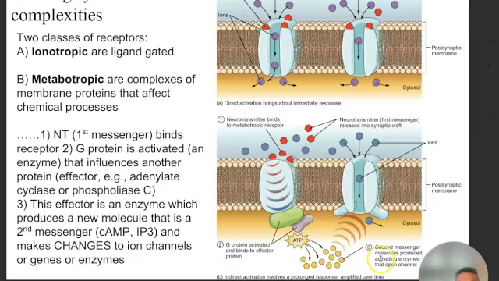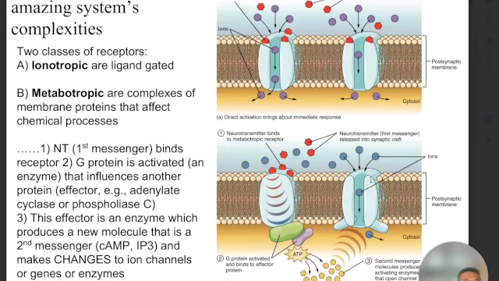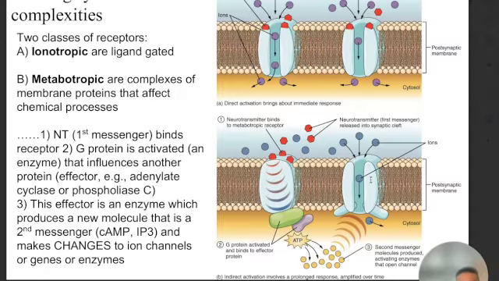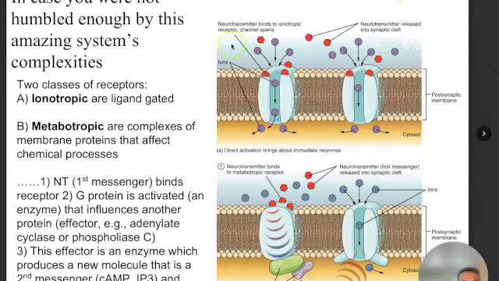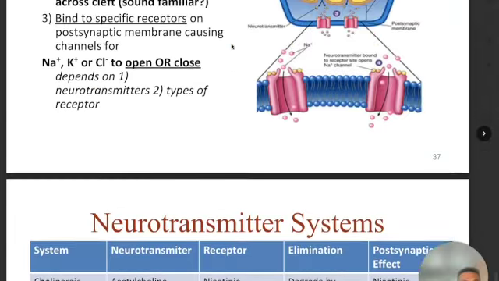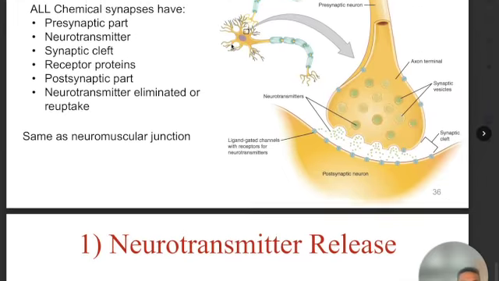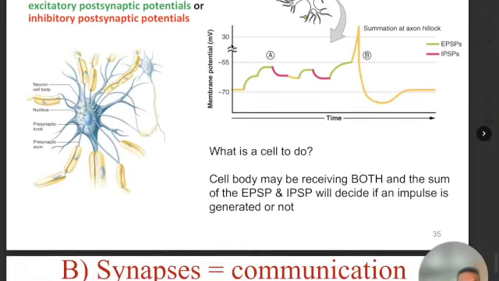The second messenger is produced and activates another enzyme to open another channel. We don't have to know this, but this is how complicated this part of the body is. So that would be the nerve, just the anatomy of the nerves and action potential.